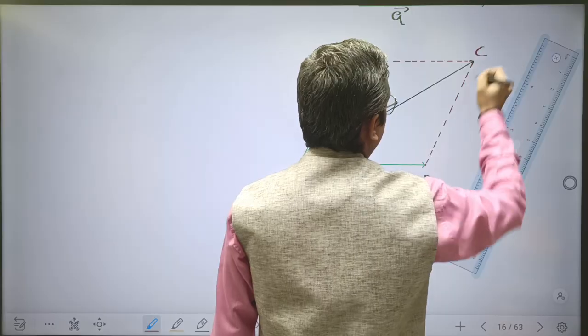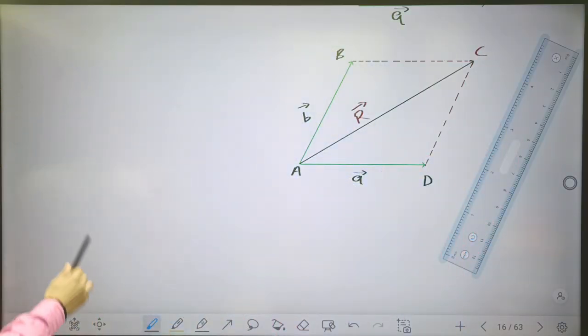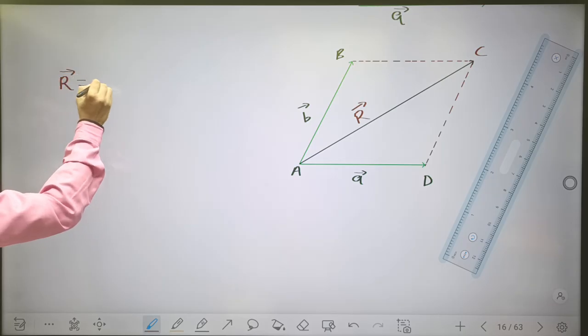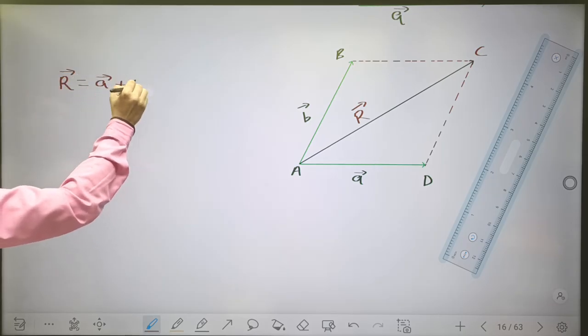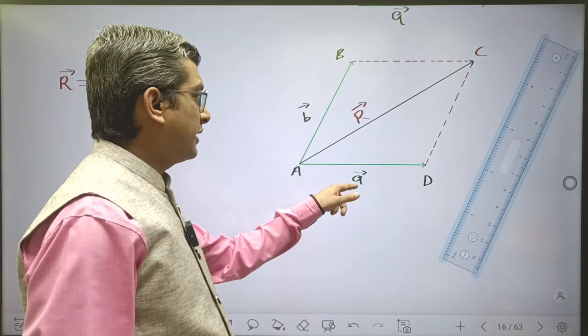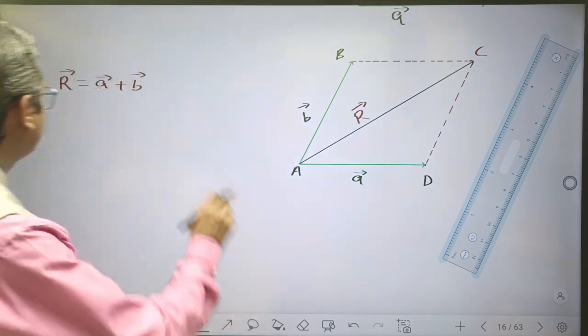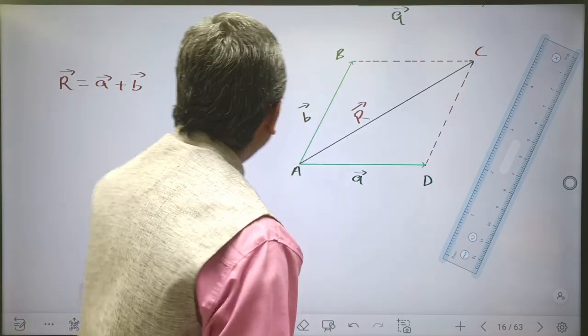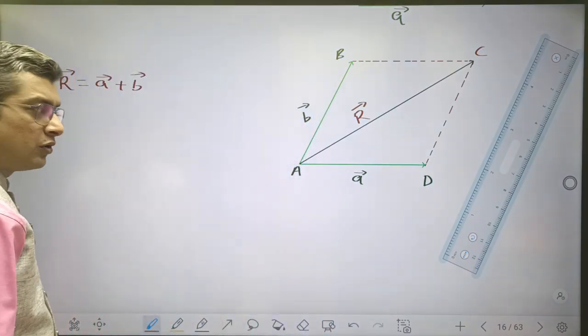Let us suppose this is C, this is D. So this is the parallelogram law, dear students. Since the R vector is the resultant vector, it is given by A plus B. It means that whatever effect is produced by vectors A and B, the same effect is produced by this resultant vector R.